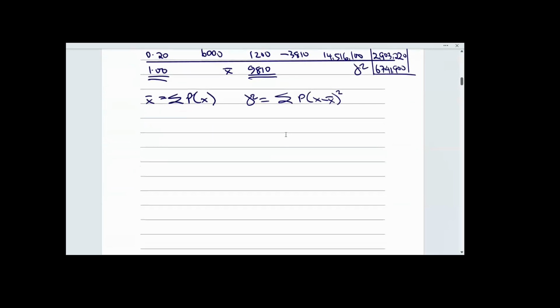The next thing, the main requirement now says that, before we move to the main requirement, let's calculate the standard deviation once and for all. So standard deviation is the square root of variance. And variance is, of course, the summation of probability of x minus x bar squared. Therefore, standard deviation will be the square root of 6,741,900.